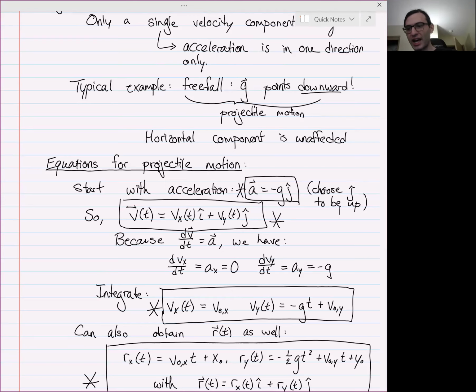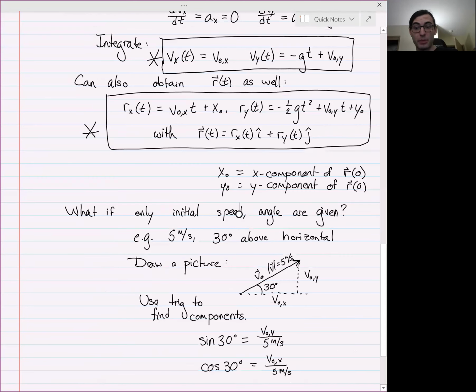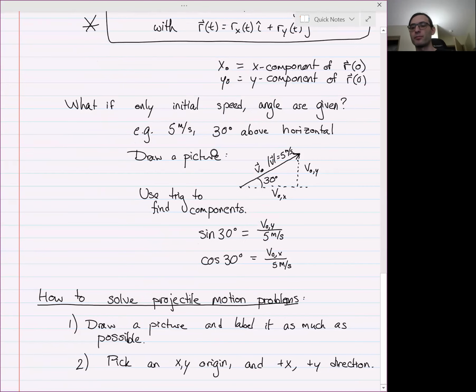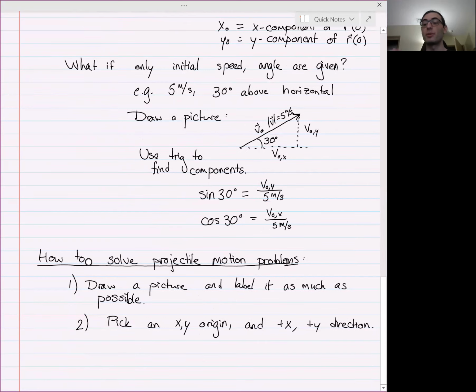But that doesn't have to be the case. You could have picked up to be some combination of the x and y axis, like 45 degrees up and to the right. And then you just have to use that coordinate system.